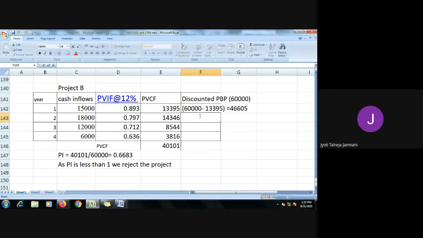From the second year, 46,605 minus 14,346, will be 32,259.